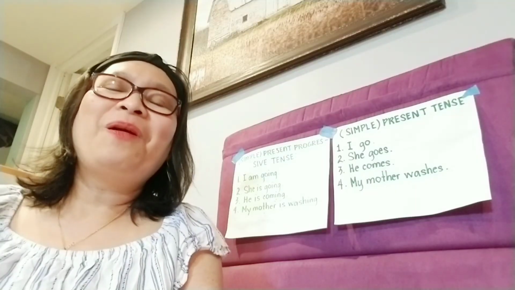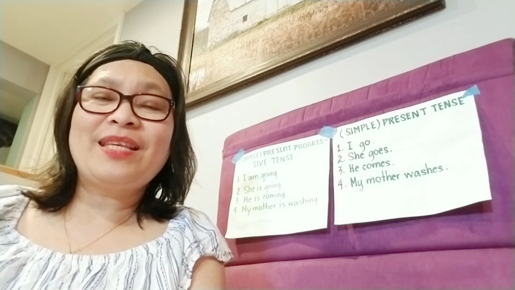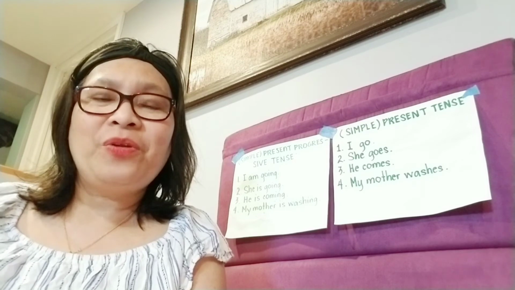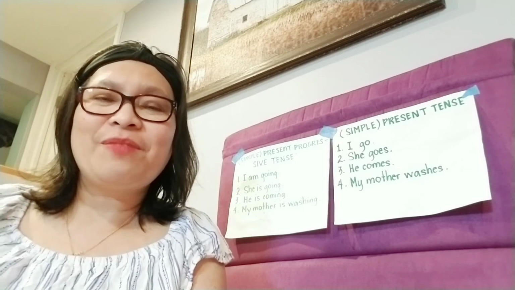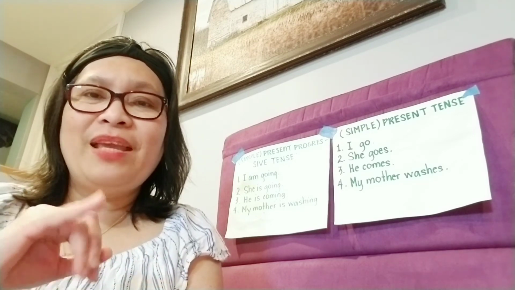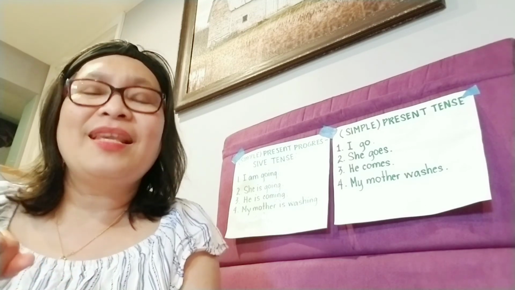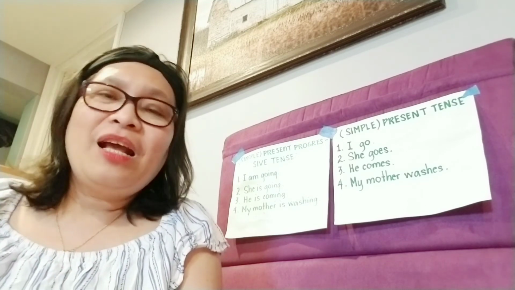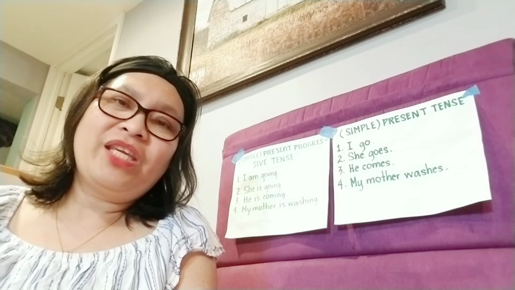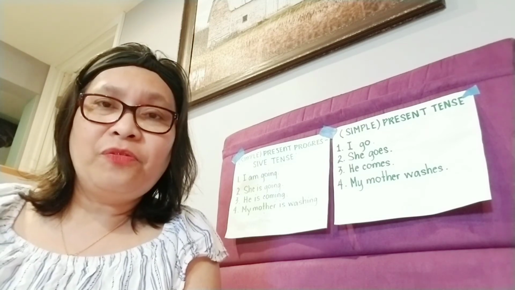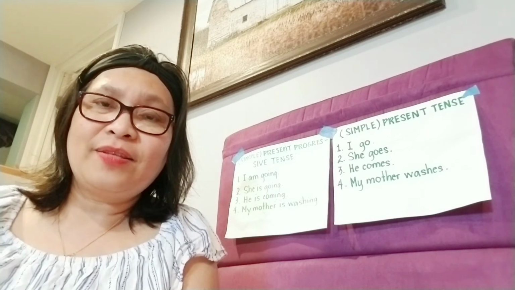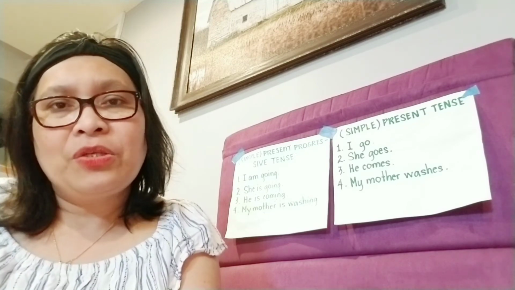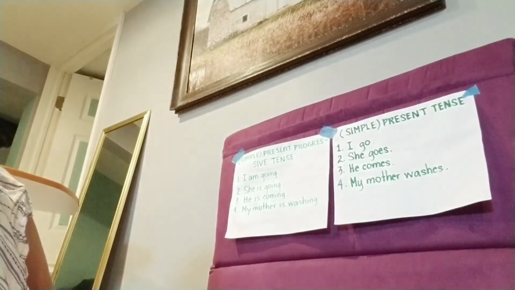In learning the simple progressive and the simple present, it is very important to remember the significant difference between the two: the linking verb and the main verb of the sentence. As a learner like me, we must remember when to use the linking verb as well as how to form the main verb of the sentence. Go back to the examples here. I am going.